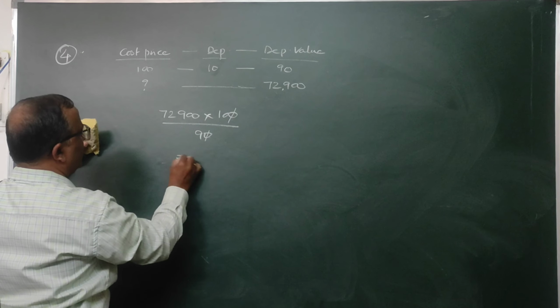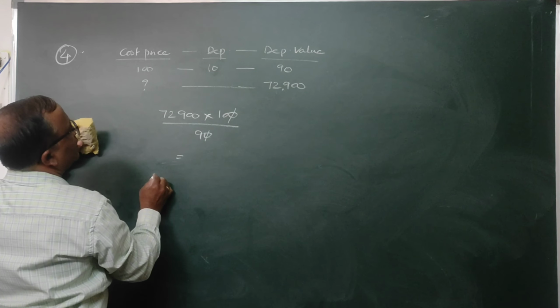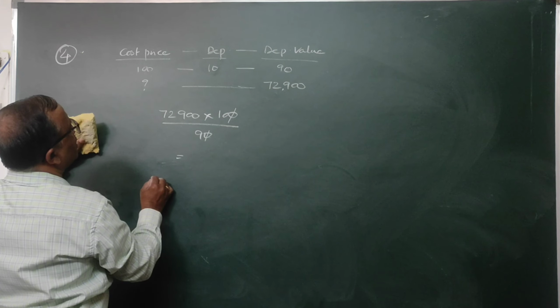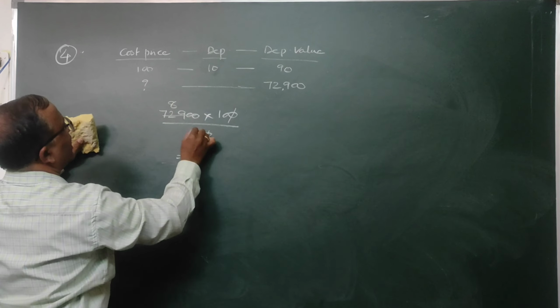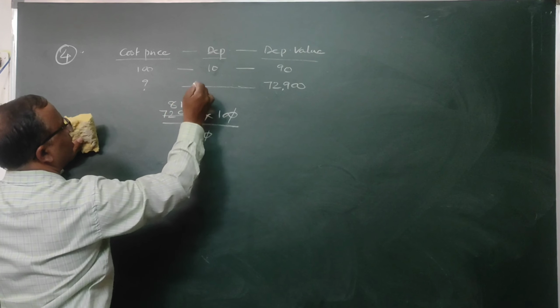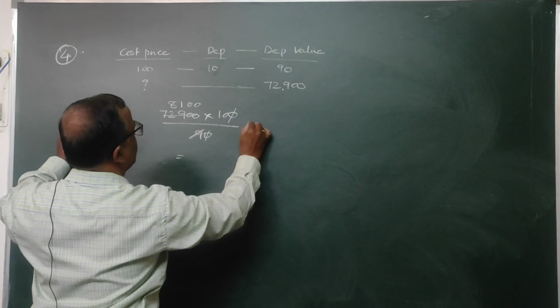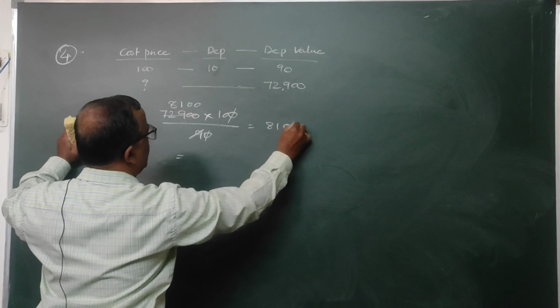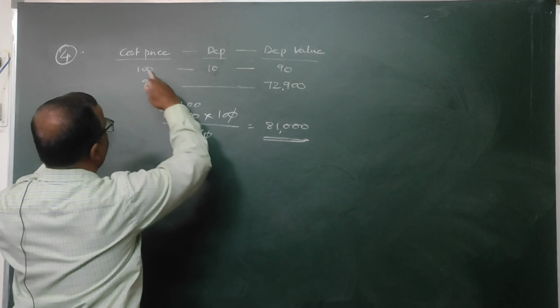Okay, you get some value here. You can understand here. 7, 7, 81. 9, 8, 72. 9, 1, 9. This 0, this 0, and another 0 is there. So totally 81,000. So 81,000 is the cost of the asset.